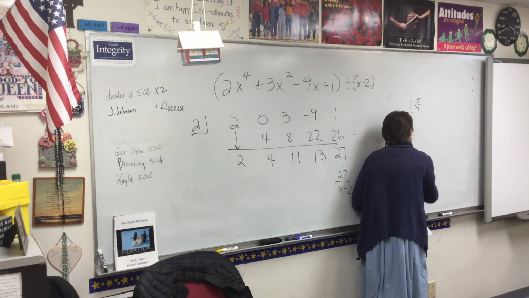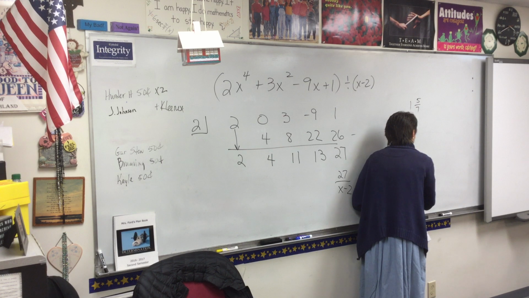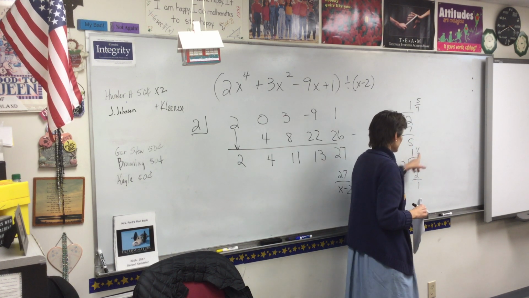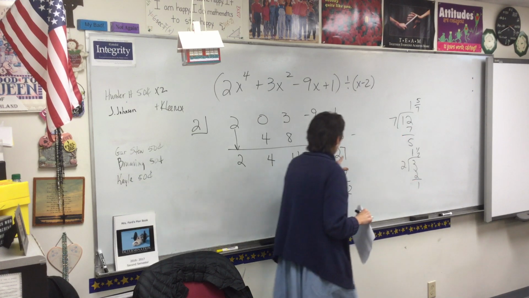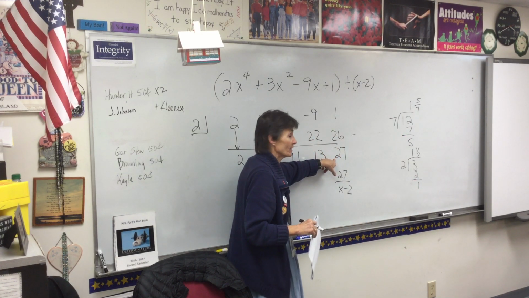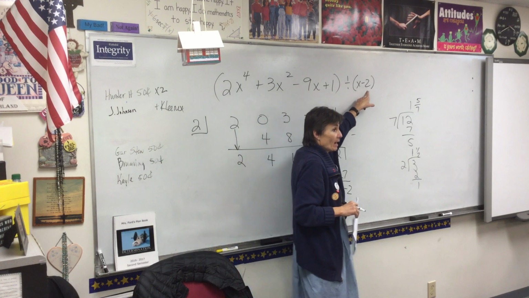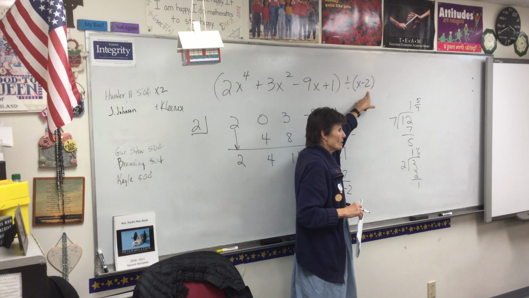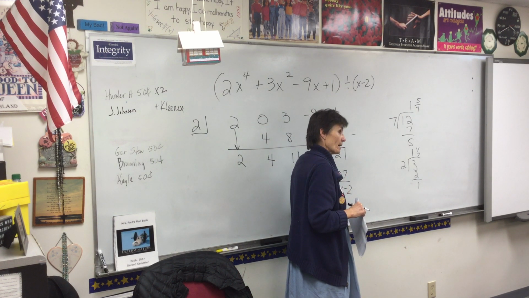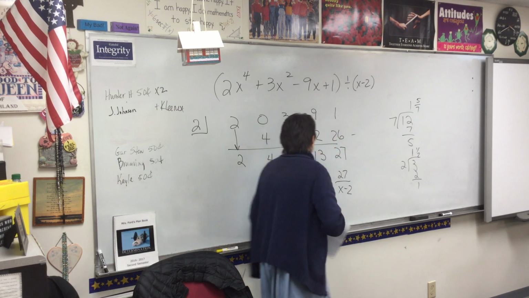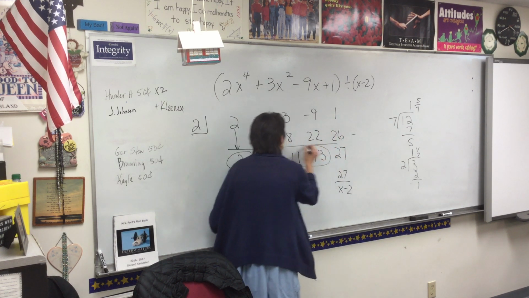When you do 2 in the 3, you say that's 1 and 1/2. 1 over 2. So here, my remainder was 27, and I'm dividing by x minus 2. So it's 27 over x minus 2. Now, what is all of this?